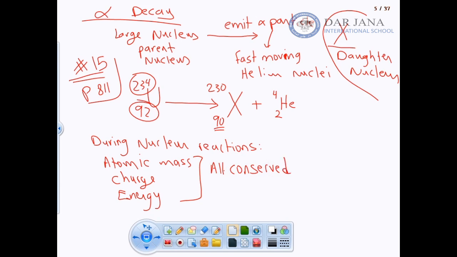It's the same before and after. Here we have 92, so here we should have 90 plus 2. That's why I put 90 here. Here we have 234. Here we have 230 plus 4. It's 234. So everything is conserved in a nuclear reaction.